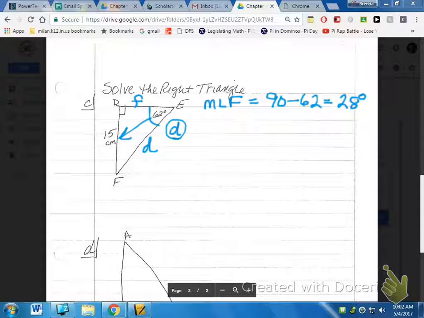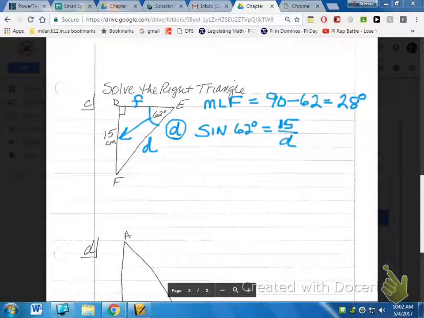Sine. Opposite and hypotenuse. So this is how you write this. Sine of 62 degrees equals 15 over d. Sine of 62 degrees, opposite over hypotenuse, 15 over d.